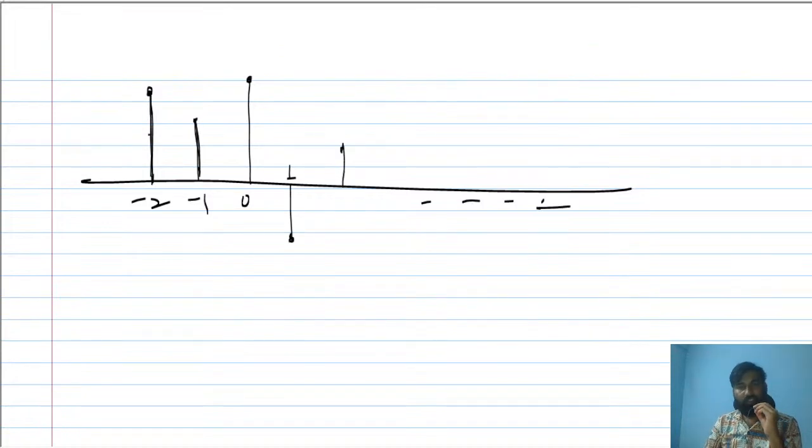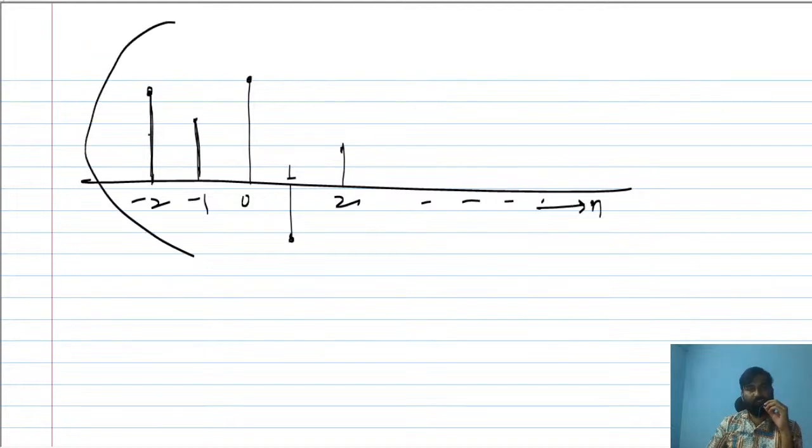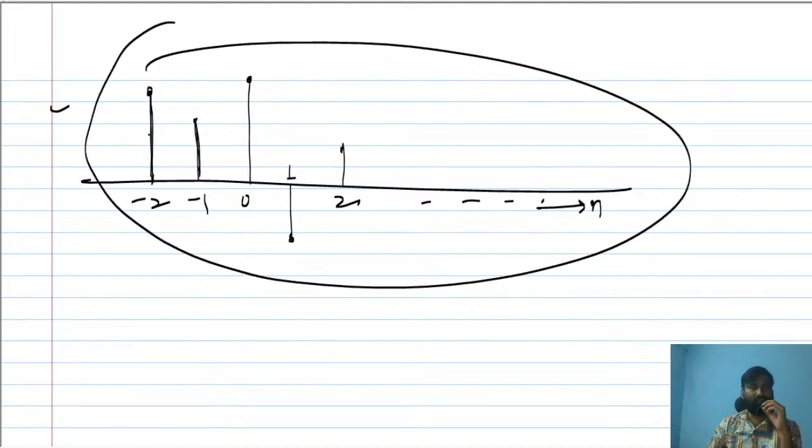This axis is represented with the help of small n. This is a graphical representation of a discrete time sequence. Why are we calling it a sequence? Sequence means any numbers, like 1, 2, 3. So you can write this as x of -2, x of -1.